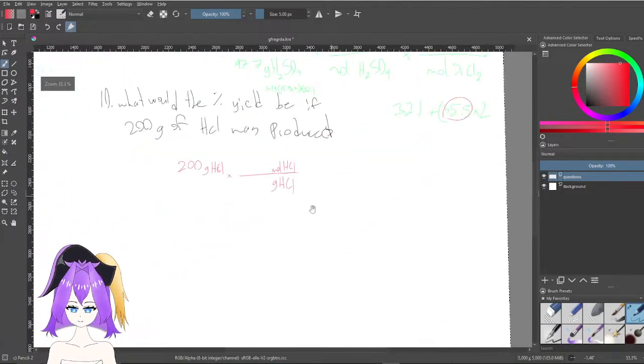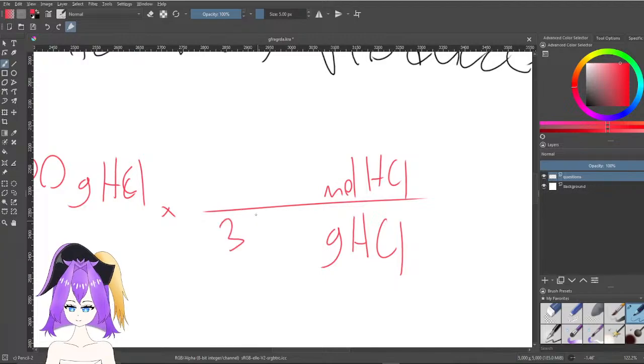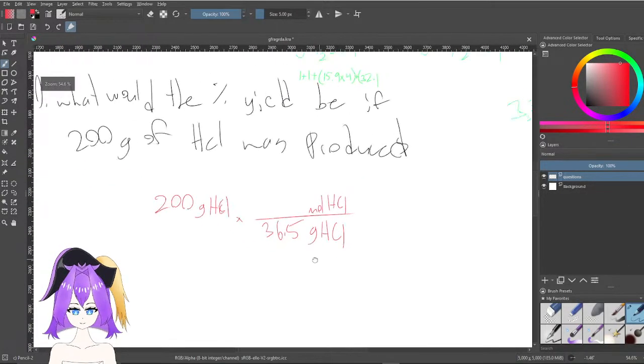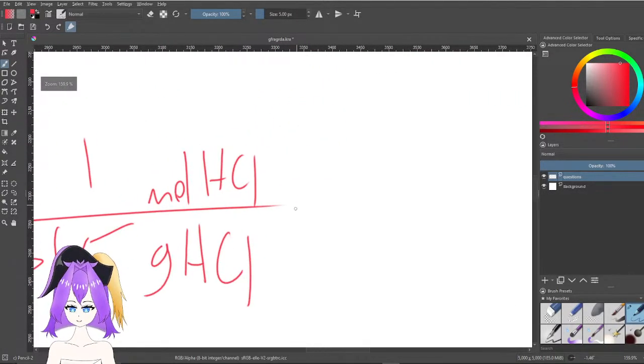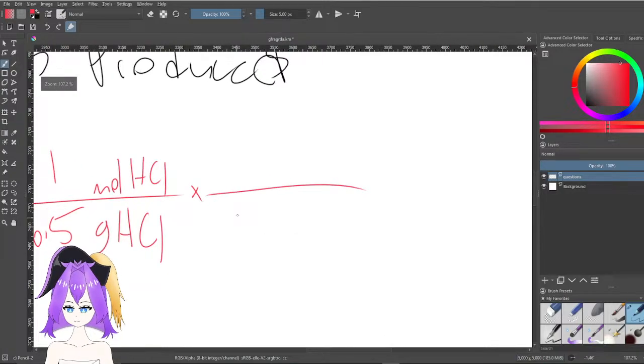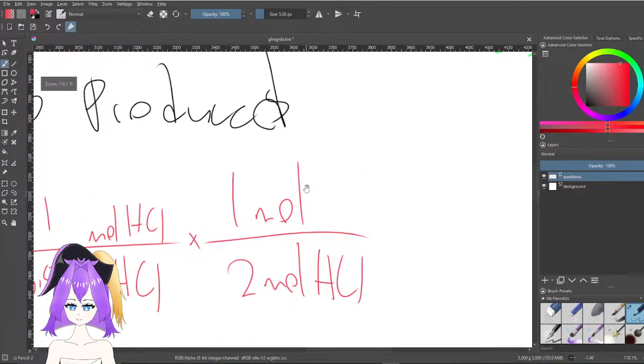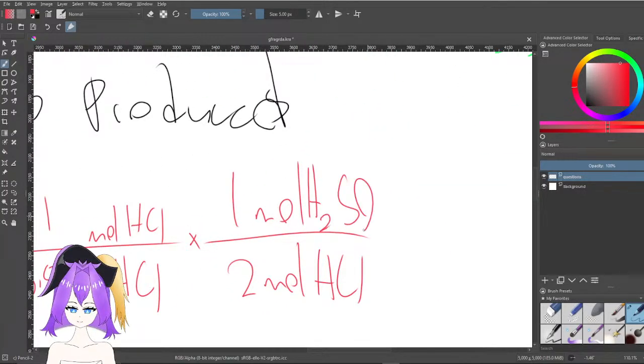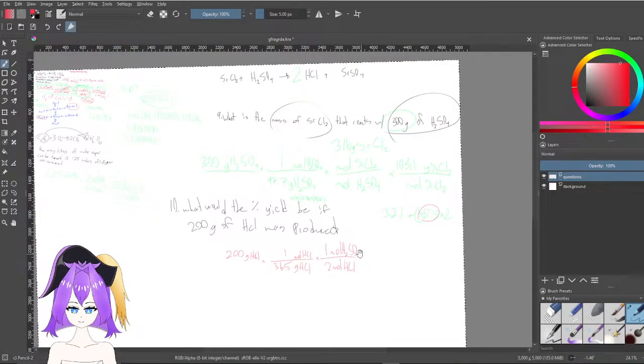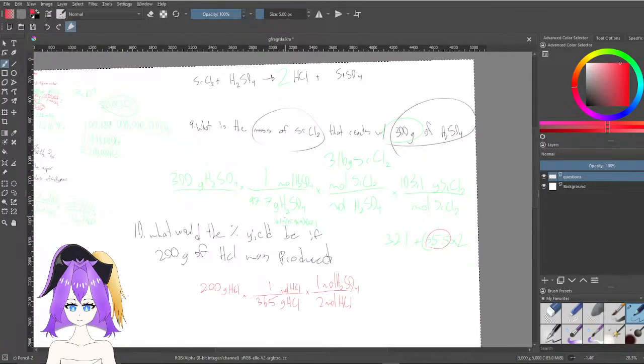So 36.5. Hydrogen is functionally 1. So we do that. So 2 moles of hydrogen chloride equals 1 mole of hydrogen sulfate, right? Yeah.